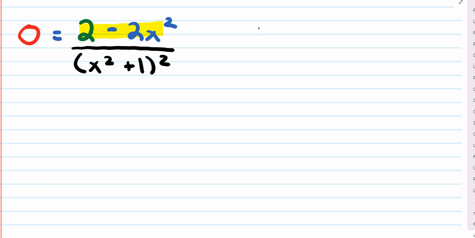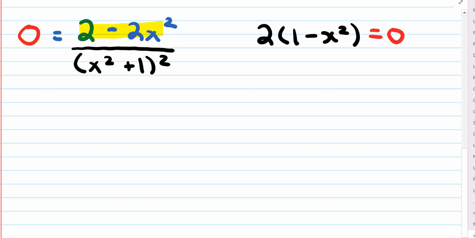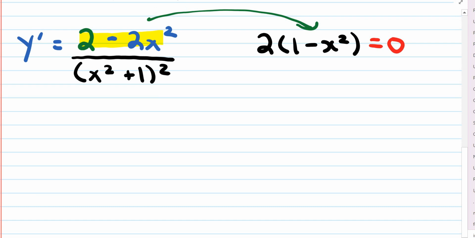So if I go ahead and factor out the 2 on the numerator, I get 2 times (1 minus x squared), and then I can set that equal to 0. Basically what we're doing is we're taking our numerator there, factoring out the common factor, and setting that equal to 0. And when we set that equal to 0 here, it turns out that we just need to solve this quadratic here. So x squared minus 1 equals 0. That means x equals plus or minus 1.